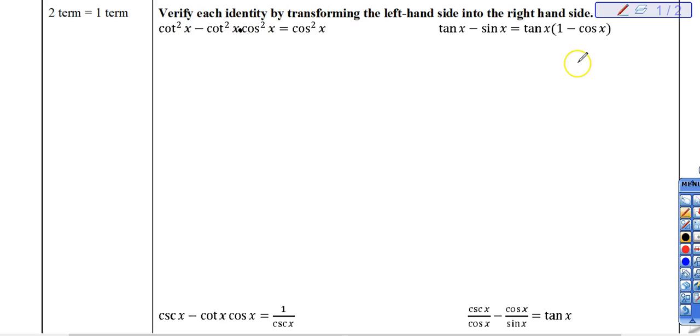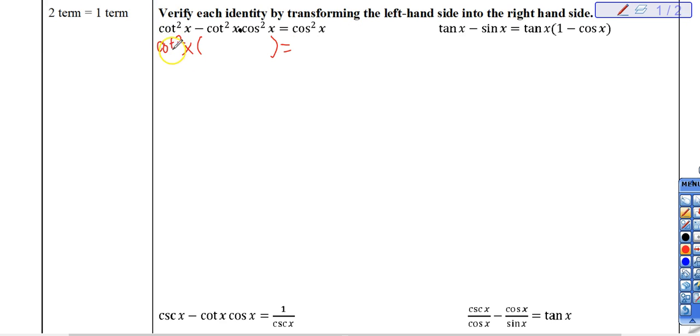There's a cotangent squared in both of them. So I'm going to pick up my red pen every time I do a substitution. I'm going to try factoring out cotangent squared x so that I am now changing this subtraction into a multiplication. That's an important thing to do when I'm going from 2 terms to 1.